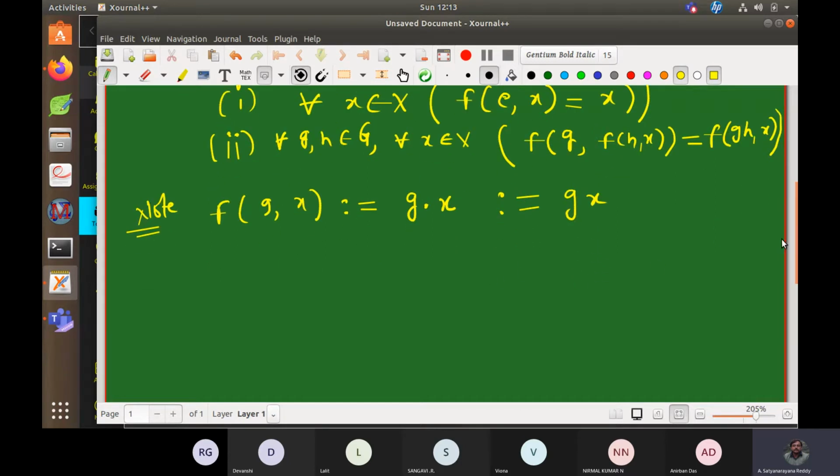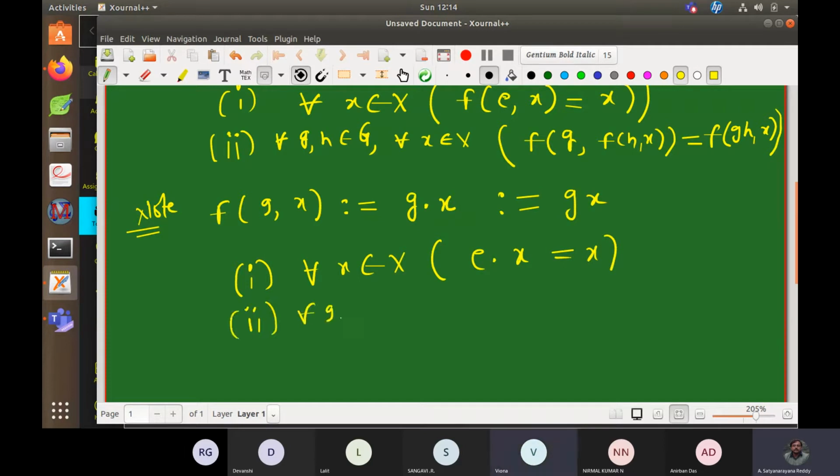Now based on this, how do you write the two conditions? This dot is the function now. What is the first condition? For all x belongs to X, e dot x is equal to x. What about the second condition?